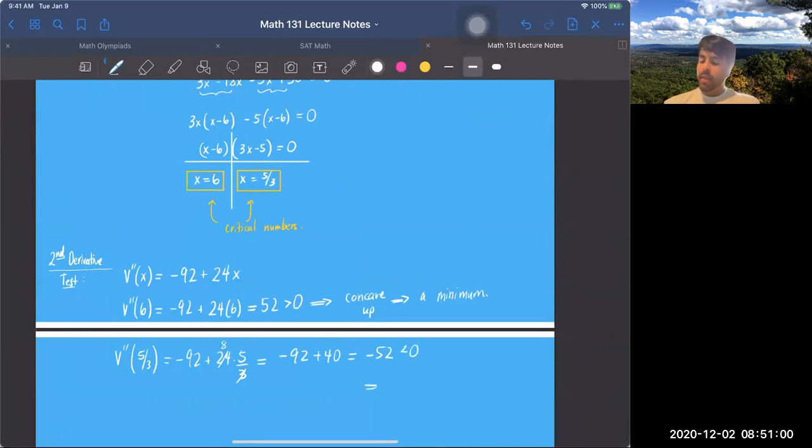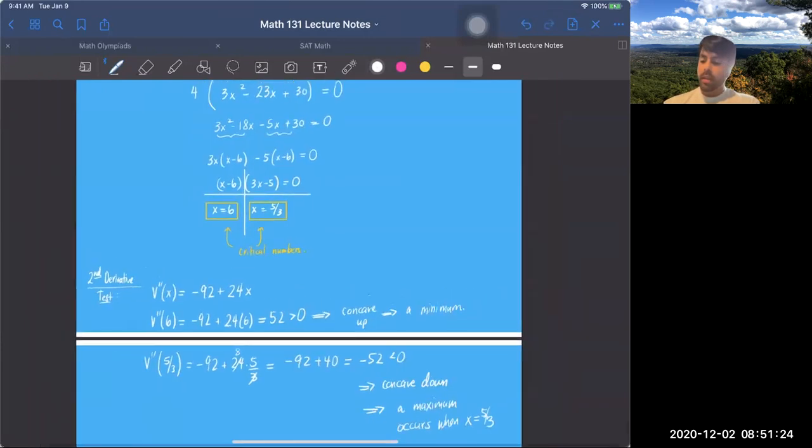If this is negative, that means that this is concave down. If it's concave down, this means that this is a maximum. A maximum occurs when x equals 5/3. So then what do we say? Reject, accept.